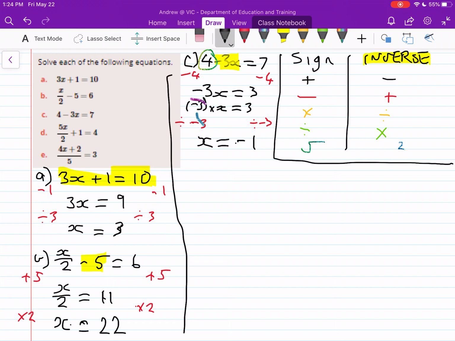So 3 divided by 3 is 1, and because you're dividing by a negative number, it's negative 1. So that's how you go about doing that one.